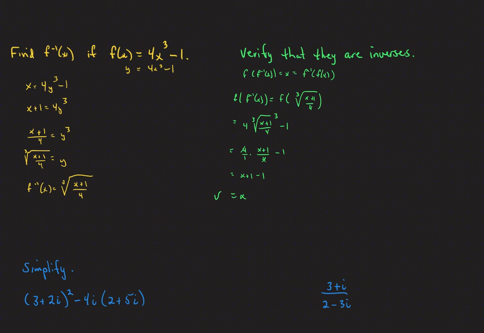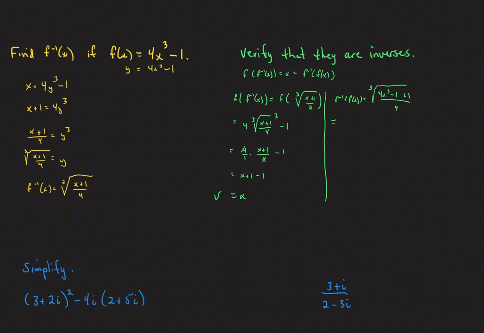Then we're going to also take f inverse of f of x, which is going to look like the cube root of, and then in place of that x, we're going to put in 4x cubed minus 1. We're going to add 1 and divide by 4.